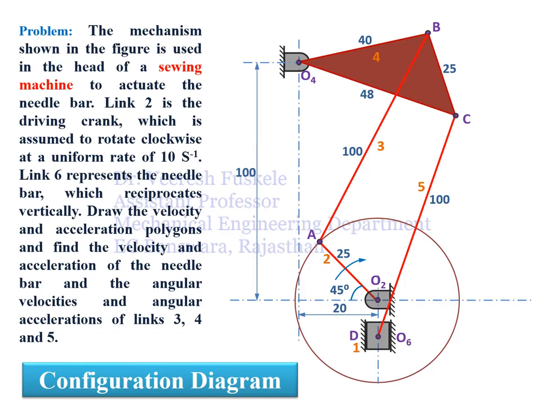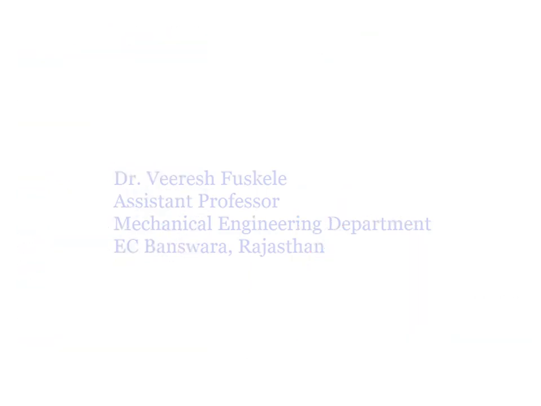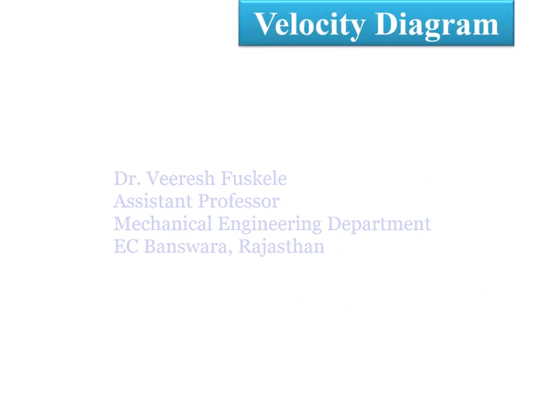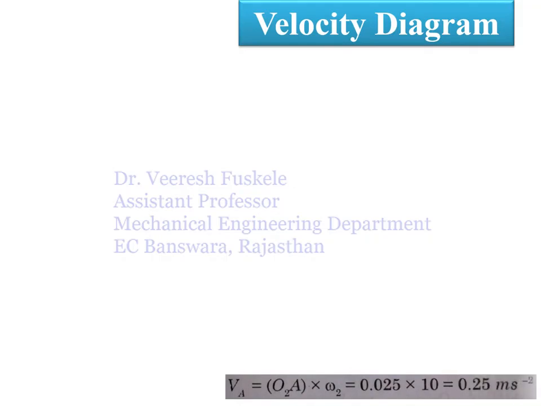With the help of that, we will calculate the linear velocity of the link O2A by the formula V is equal to R omega as follows. So the velocity of point A relative to O2 will be given as O2A into omega 2, that is 0.025 into 10, that will give you 0.25 meter per second. There is a small correction here.